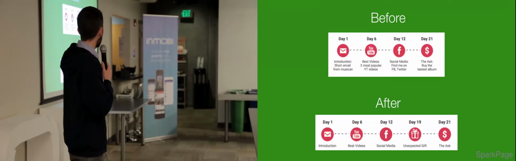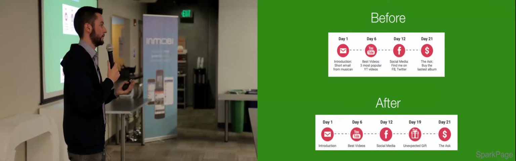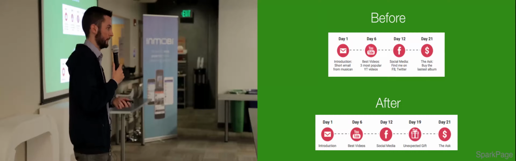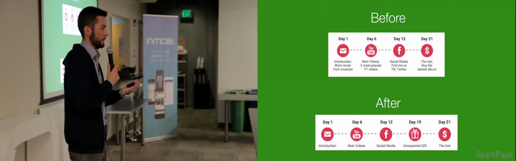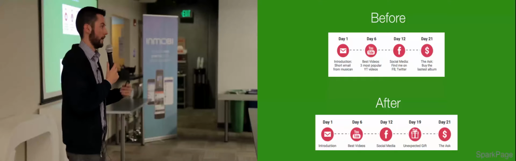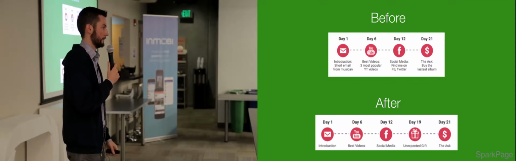And what we A/B tested was just 2 days before, putting in an unexpected gift, which was a free acoustic set. Here's a little free acoustic album, something that cost us no money to give away, and that doubled the conversion rate of the album sales.